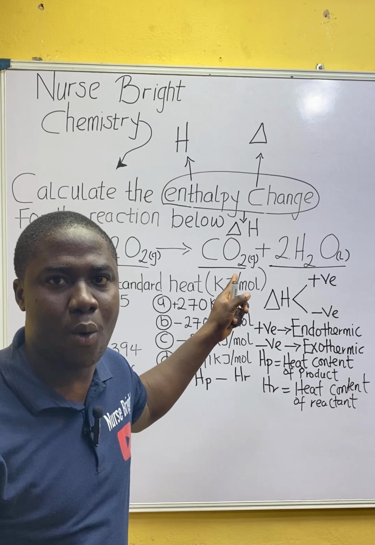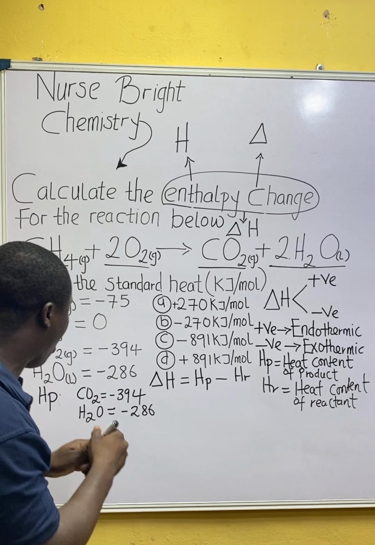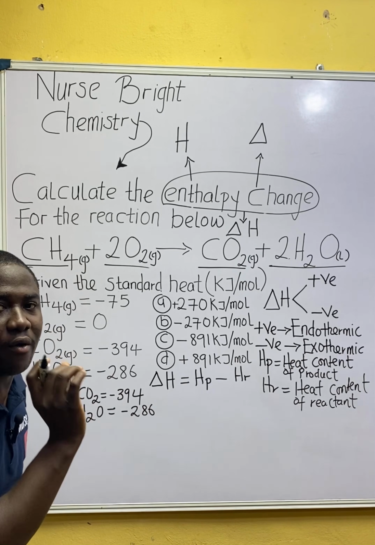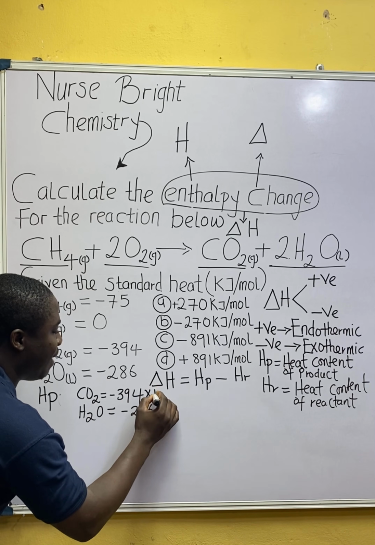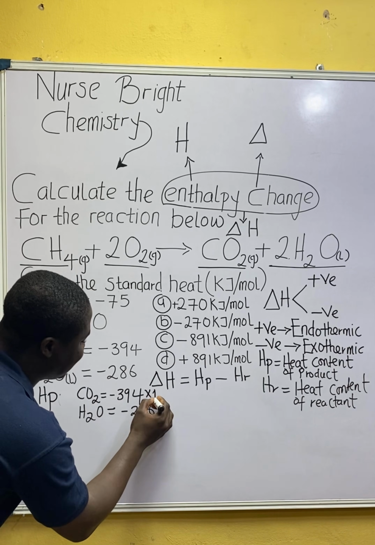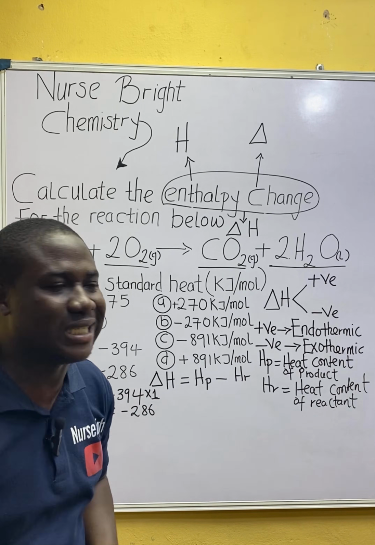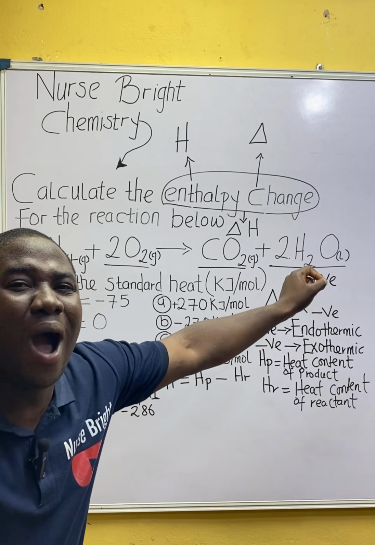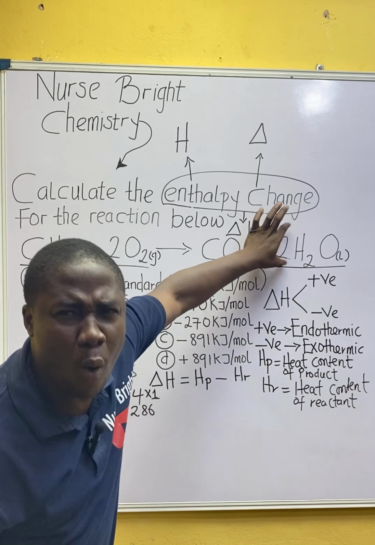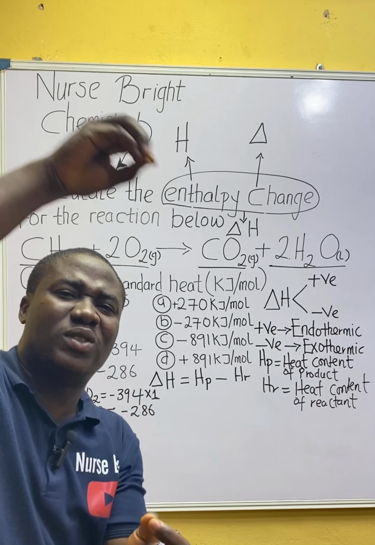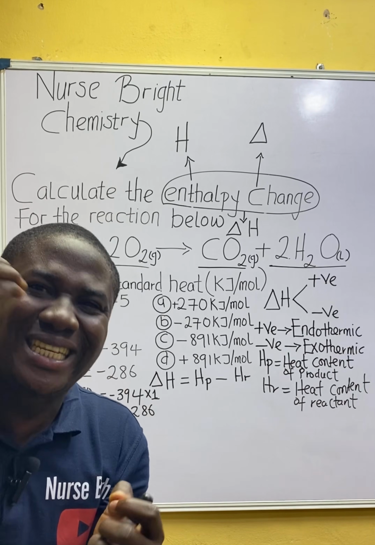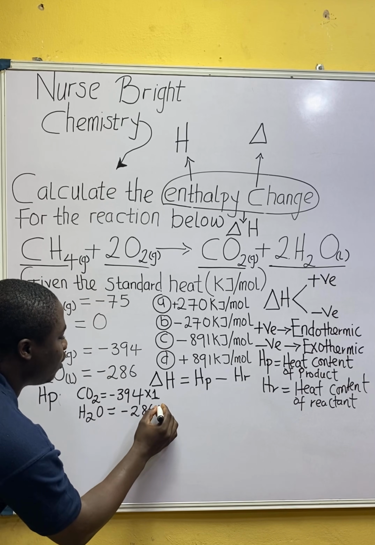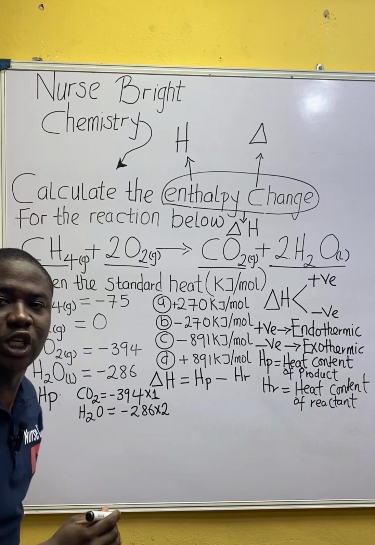So for CO2, since I told you already there is an invisible one here, we simply say times that one. This thing is very easy. For water, you have to be careful. Are you not seeing it has 2 moles of water? That moles, you use it to multiply the heat of that substance. For water, it has 2 moles, so you use it to multiply.